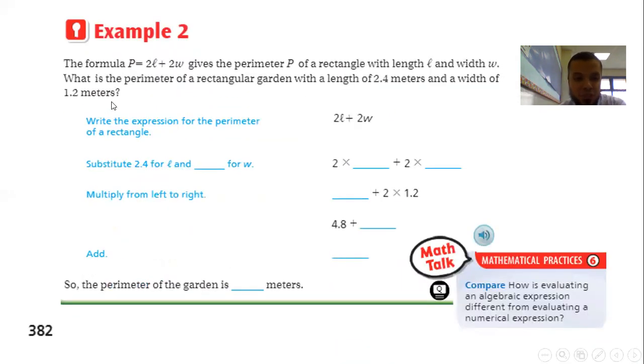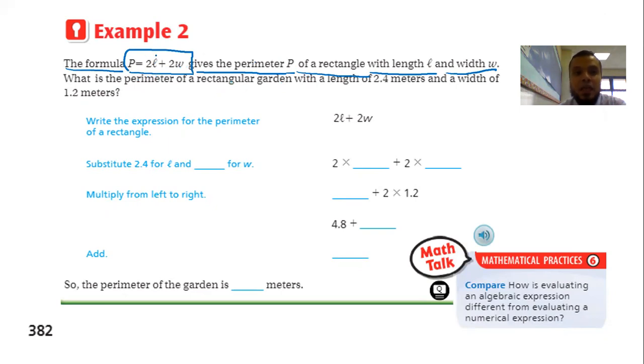Example 2 on the same page 382. The formula P equals 2L plus 2W gives the perimeter P of a rectangle with length L and width W. So this formula gives us the perimeter of a rectangle.